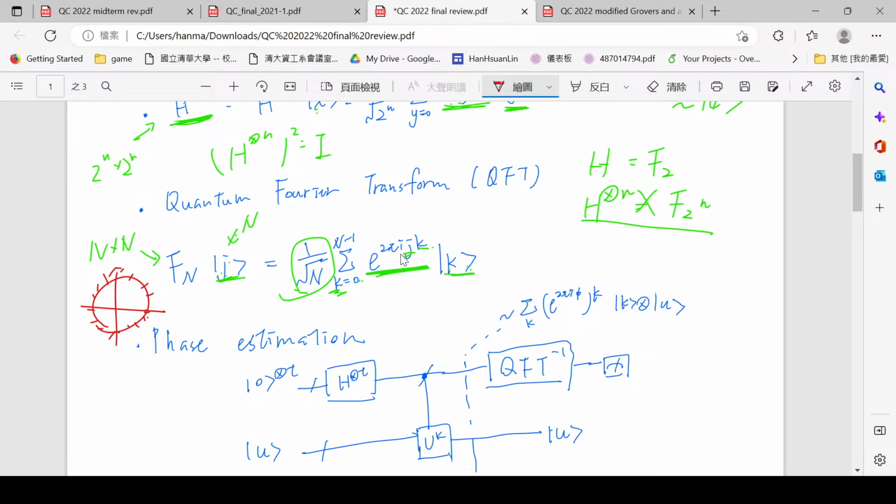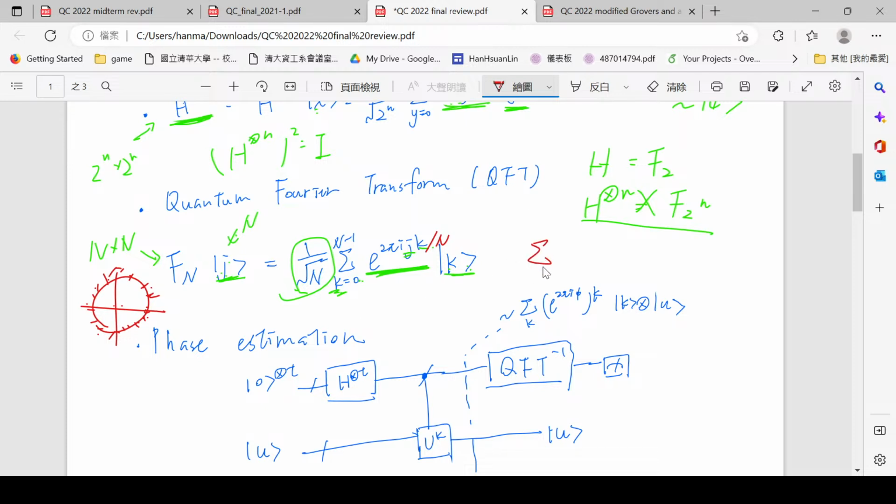Those e to the 2 pi i over n. Sorry, I'm missing over n here. So e to the 2 pi i is 1, then e to the 2 pi i over n is like the nth root of 1 in the complex plane. And if you add together all n of them, because they are equally apart, you can convince yourself by symmetry that it should add up to 0.